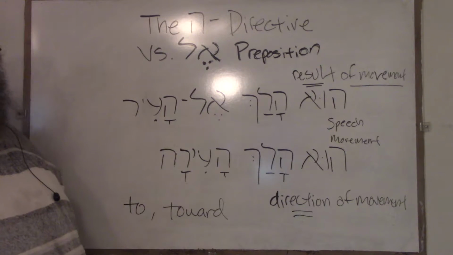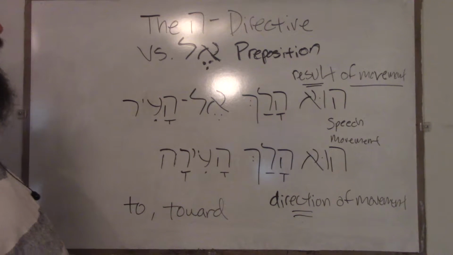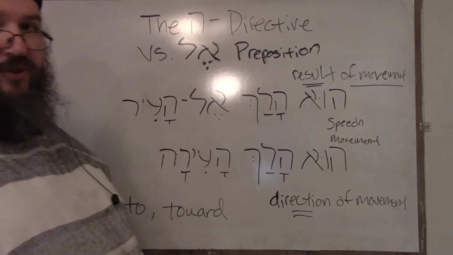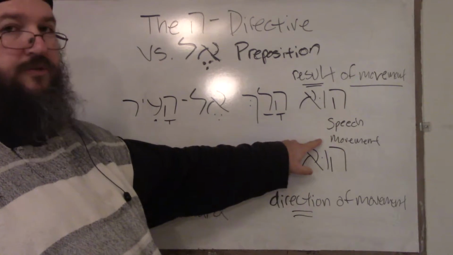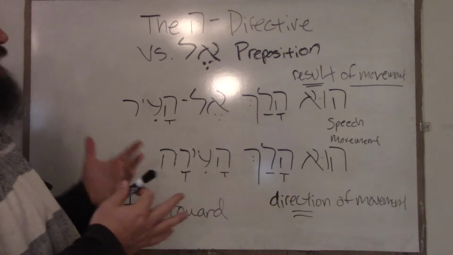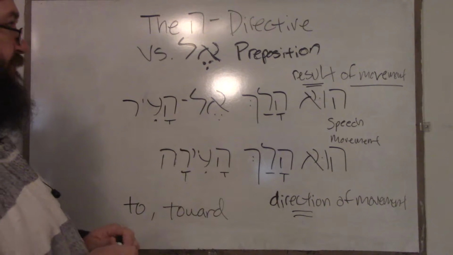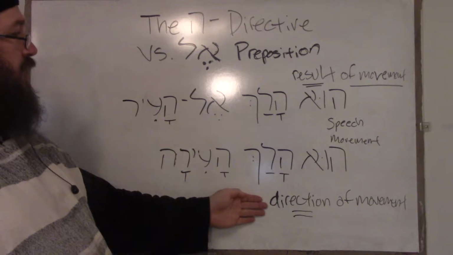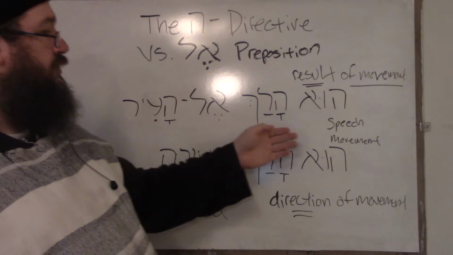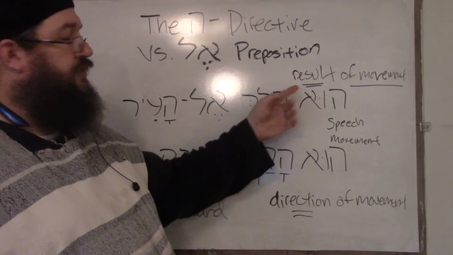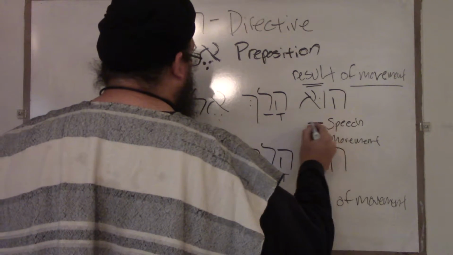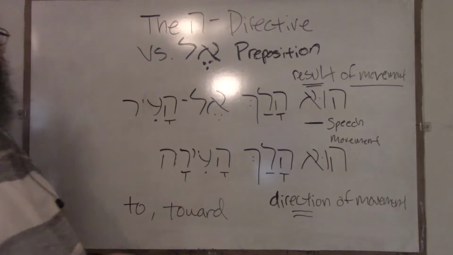El is used in two major ways. One is with verbs of speech. Number two, it's used with verbs of movement. If we divide these into two categories, when do we use el in regard to direction, and when do we use el in regard to result? The result is only in relationship to this one category, speech.